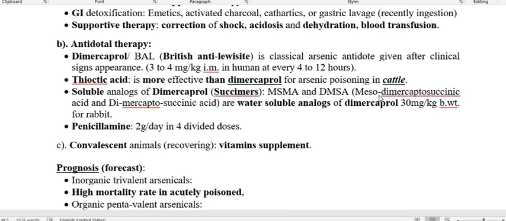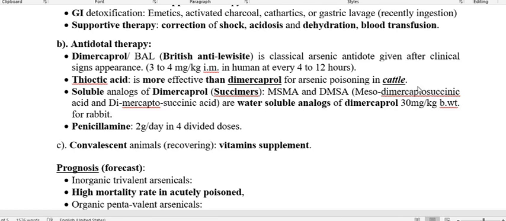This is meso-dimercaptosuccinic acid, and DMSA is simply dimercaptosuccinic acid. They are water soluble, are soluble analogs of dimercaprol or BAL, and are also called succimers, and the dose is 30 mg per kg body weight for rabbit.